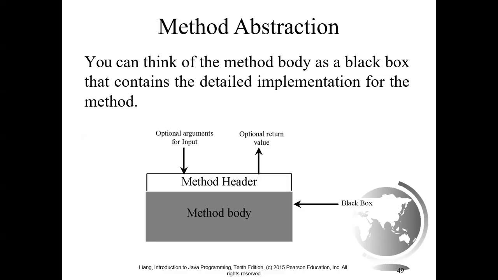So in this case, you may use a specific method to do it rather than writing three pieces of code, right? So you can think of the method body as a black box that contains the detailed implementation for the method. So you will have a method header and there are arguments and the return types. And this is what we call method abstraction.